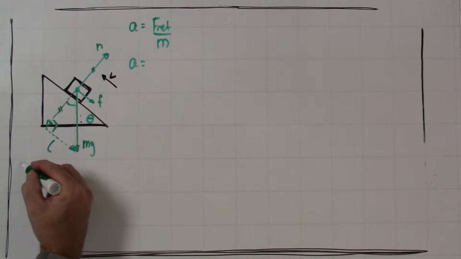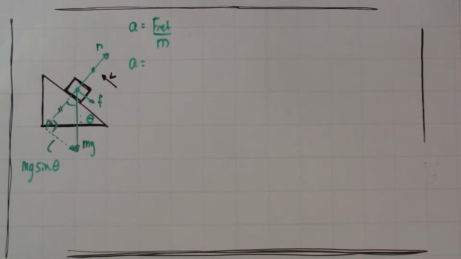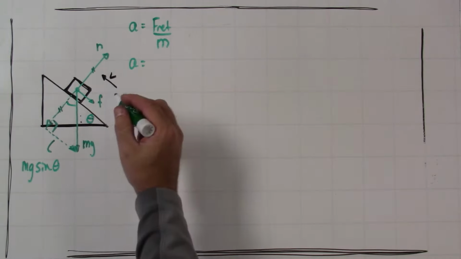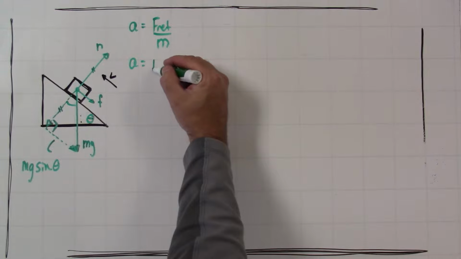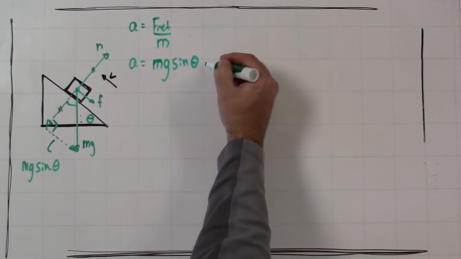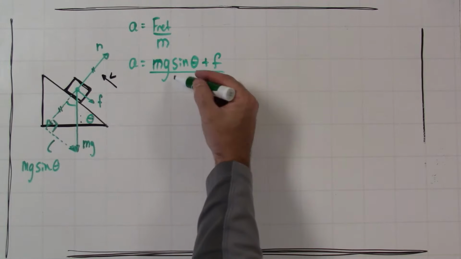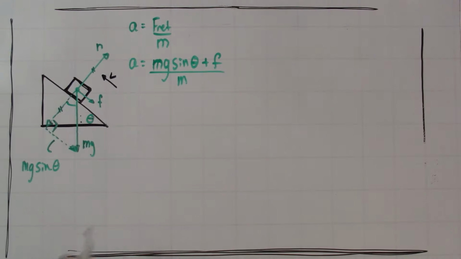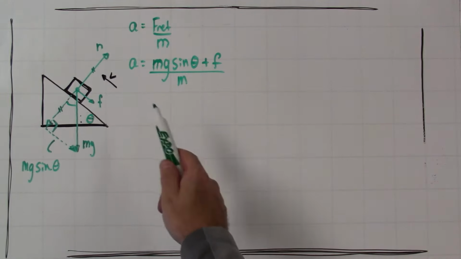So this component here is equal to mg sine theta. So the net unbalanced force would actually be equal to mg sine theta plus the friction, because they're in the same direction, over the mass. So we see that there's the sum of these two forces here.